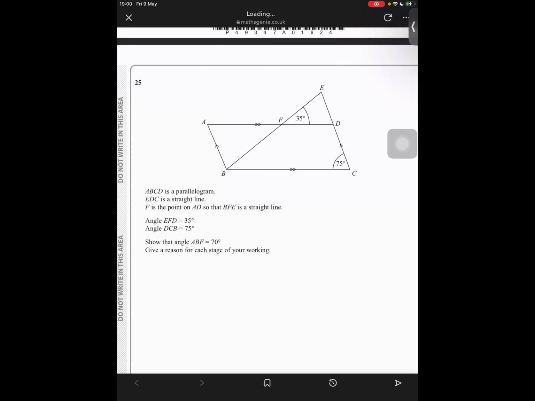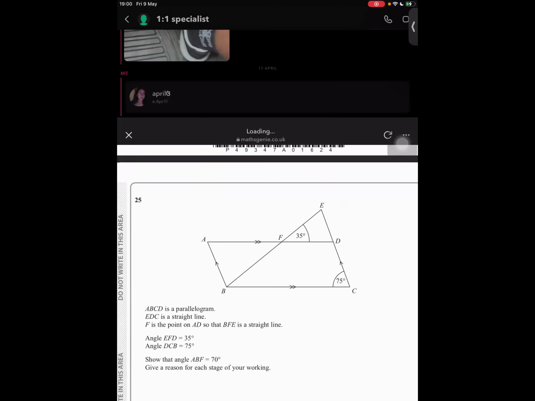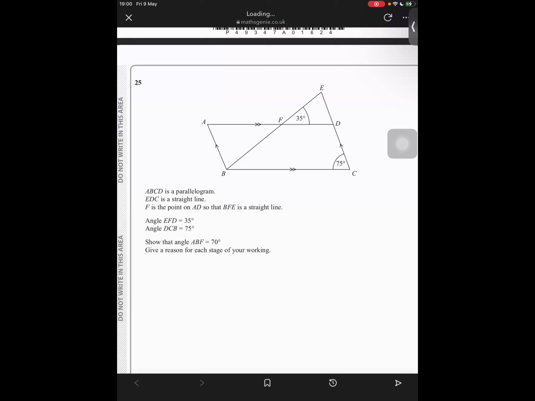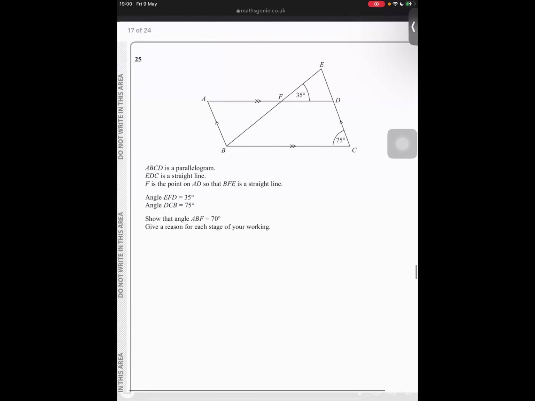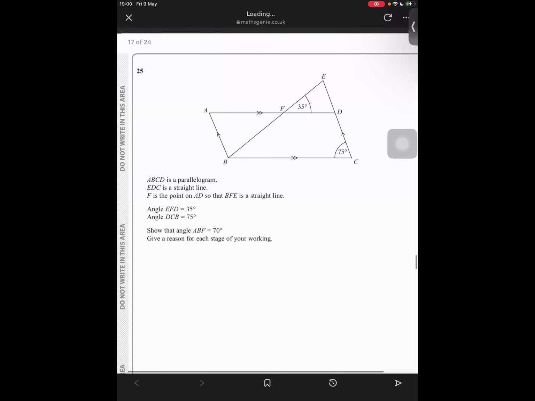No. Okay, it doesn't allow you to annotate. All right, no problem. Let's continue. But do you know the angle I'm calling angle DAB?